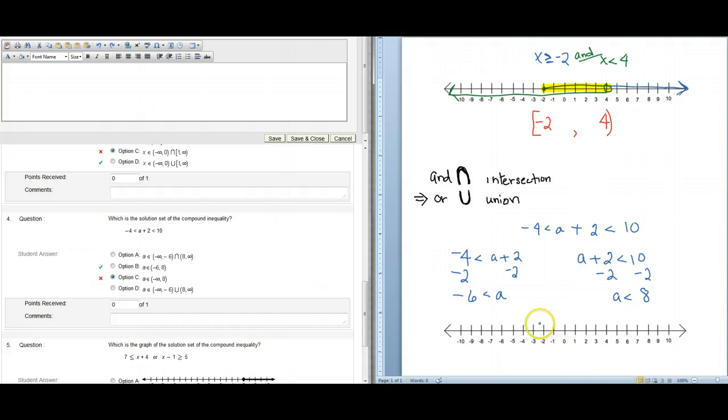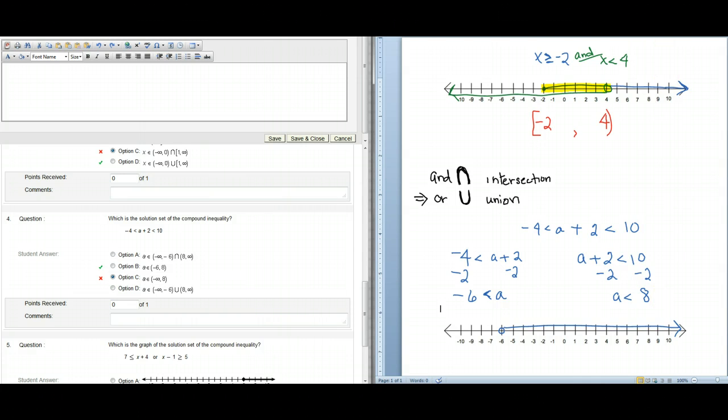So again, because of the strictly less than symbols there, you're going to put open circles on negative 6 and 8. We'll do negative 6 is less than a first. I could also say that as a is greater than negative 6. And so that means I want to shade to the right. A represents the numbers that are bigger than negative 6, so I want to shade what that representation is.